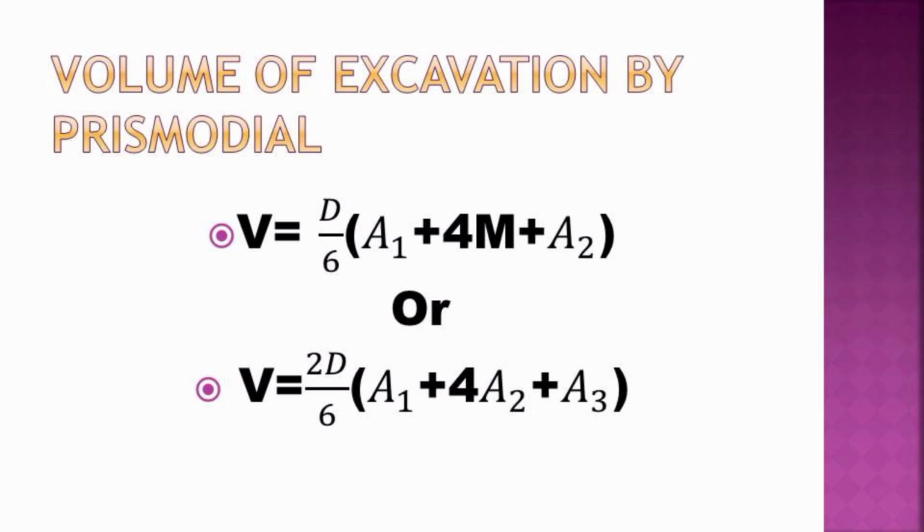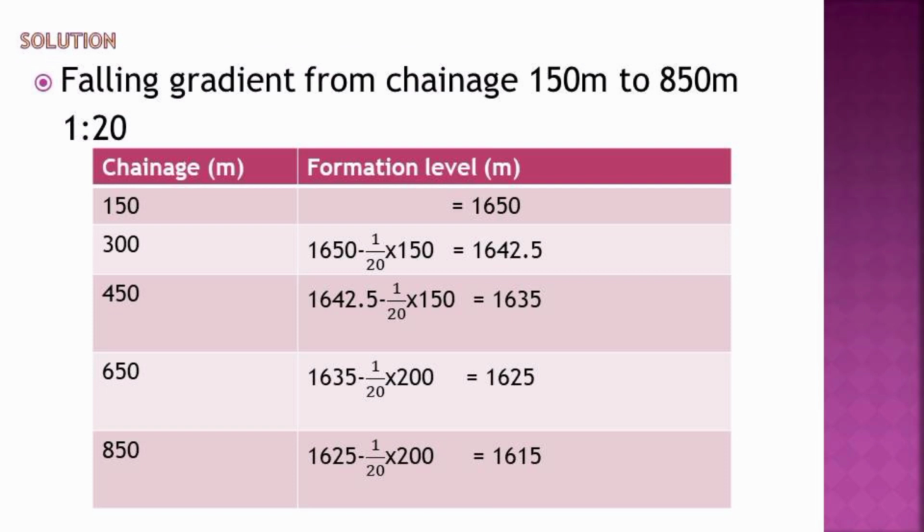In this question, I've used these two formulas because as you can observe from the table in the question, our differences in the chainages were a little bit different. So we didn't have a constant interval. There we had two separate intervals, an interval of 150 and the other of 200. So we could not have used the general formula for prismoidal. So that's why I'm applying this.